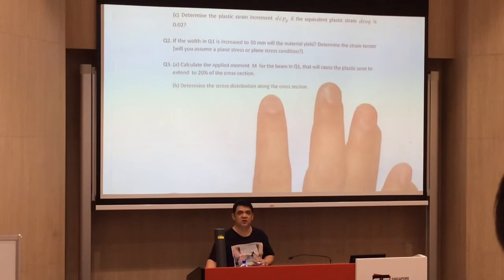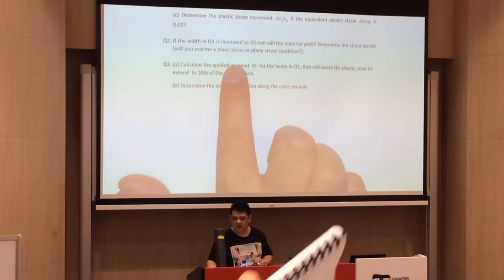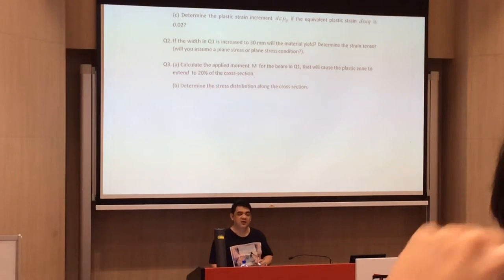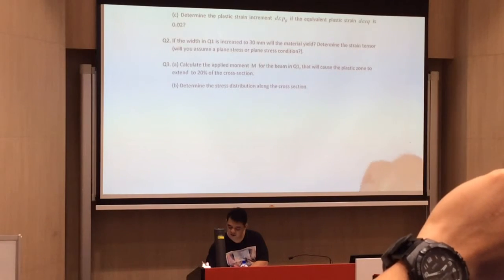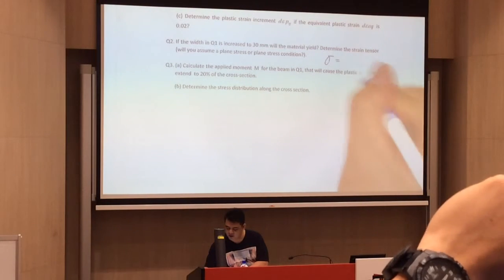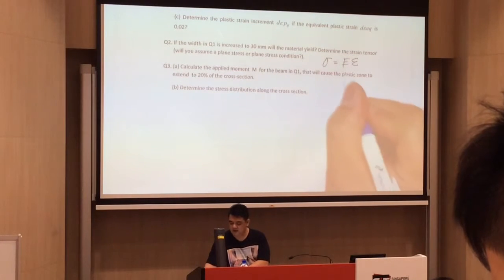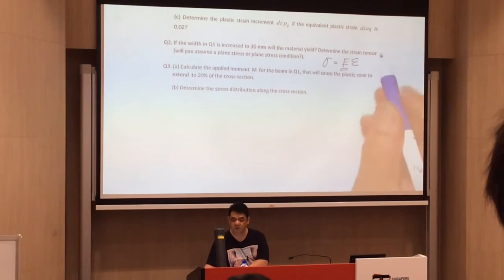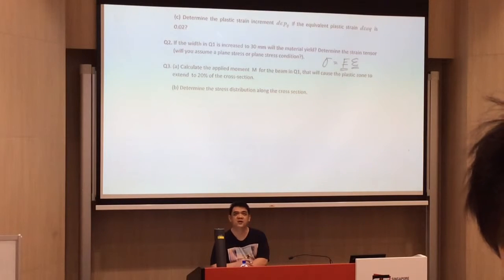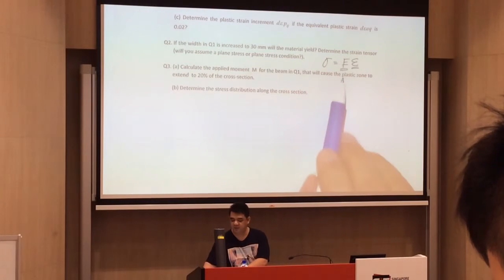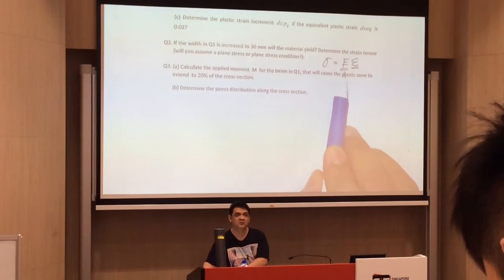So once you have already determined your stress tensor, then you can simply use your constitutive equation. Stress equal to this stiffness matrix multiplied by your strain tensor. So this will be dependent on your assumption.